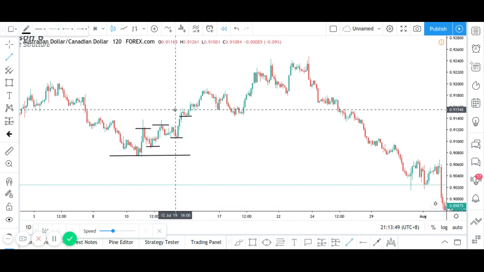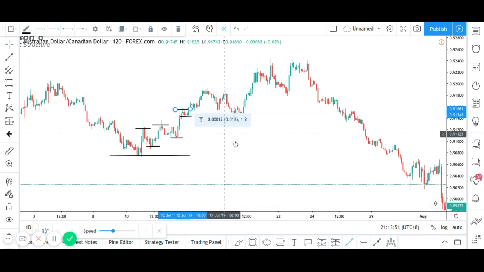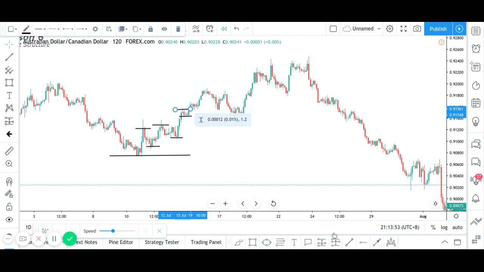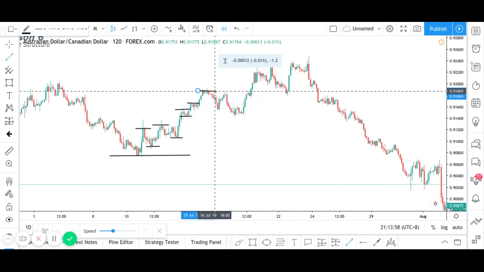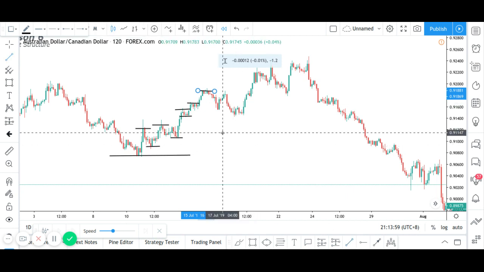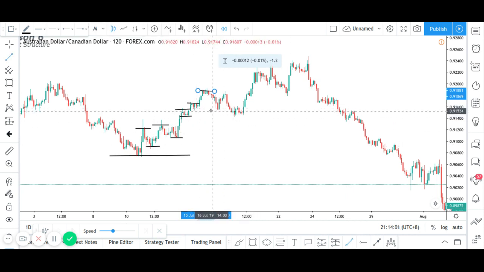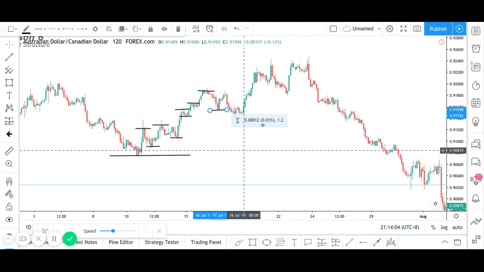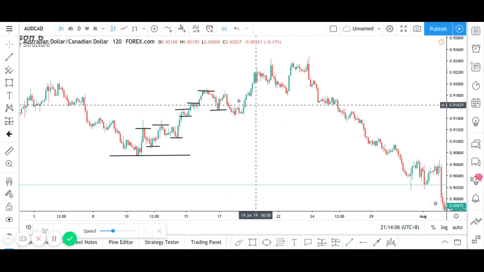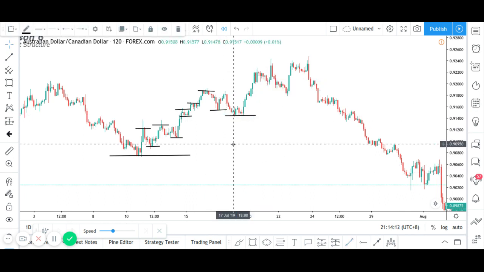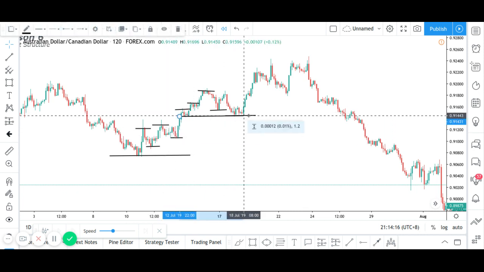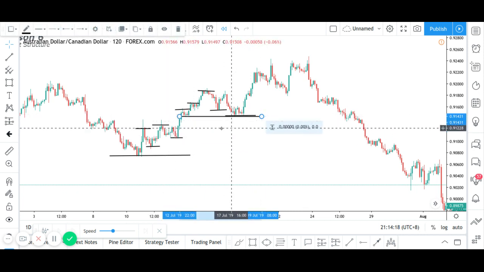Over here we have a nice higher high, and the market just keeps printing higher highs, higher lows, higher high, higher low, and then the market decides to move a little bit to the downside, maybe because of some sort of manipulation, or just to test this last support line over here.